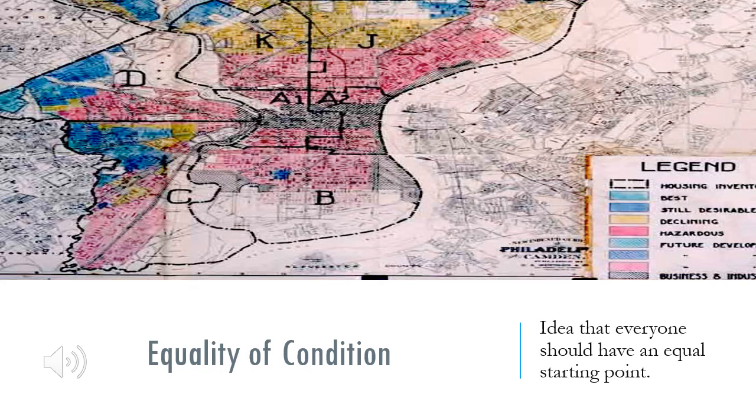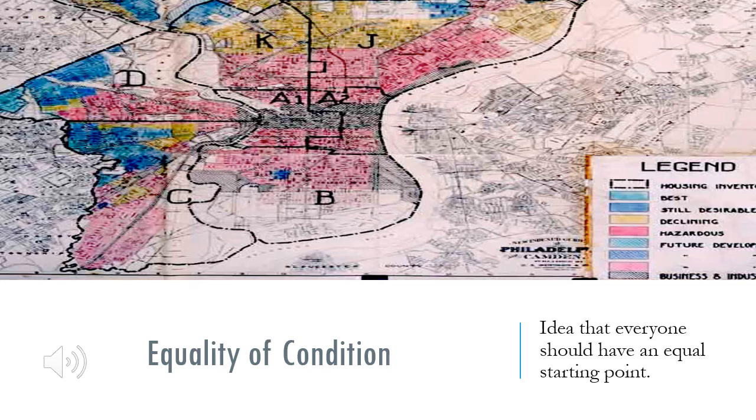So what ended up resulting was in the red areas that were deemed hazardous, the yellow areas that were deemed declining, these are neighborhoods where Black and immigrant families were moving into. So they essentially became areas that became very disparate in terms of resources, and also for people to be able to keep their homes, to buy them, and or sell them for a fair price.